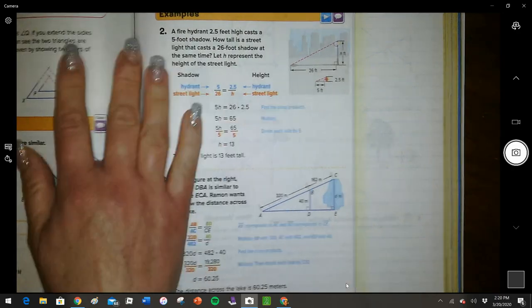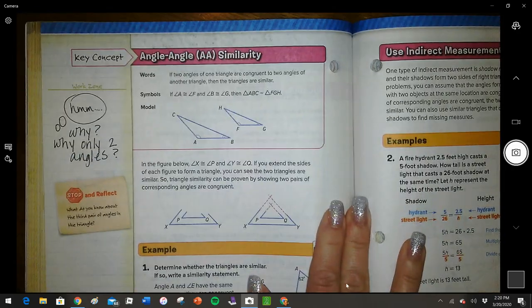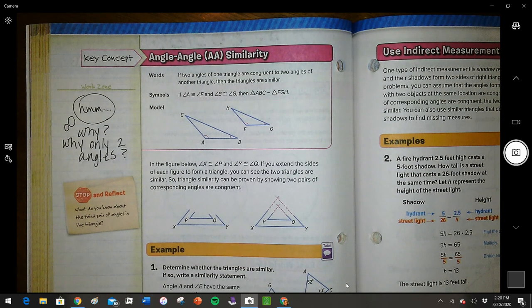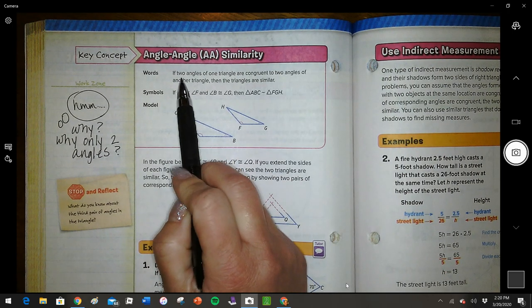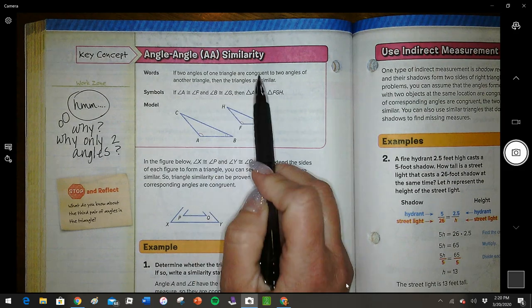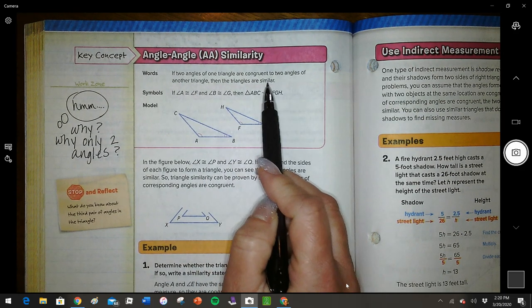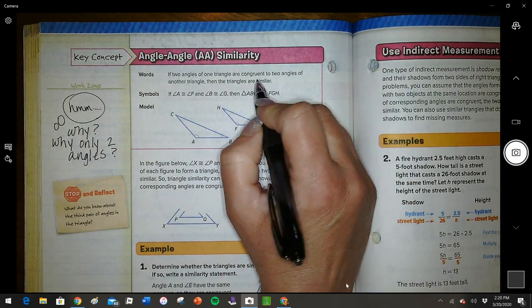Okay, so let's go to the next page, page 554, and let's take a look at what it says. The first thing it says is angle similarity. What in the world is that? It says if two angles of one triangle are congruent to two angles of another triangle, then the triangles are similar. Remember, they're not congruent.